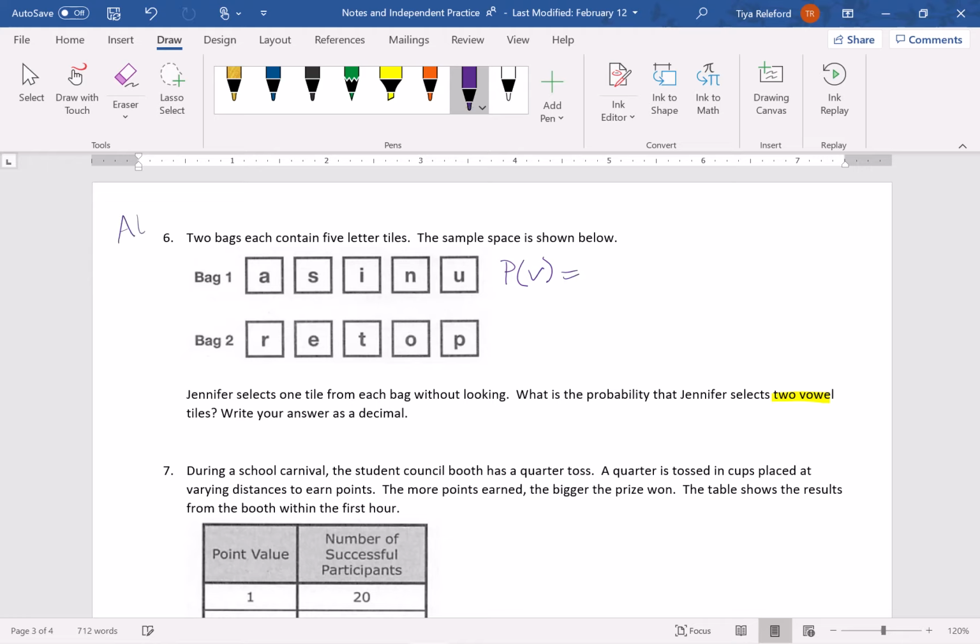Vowels are A, E, I, O, and U. How many vowels are in the first bag? 1, 2, 3 out of 5. Now the second bag, she also wants a vowel. How many vowels are in the second bag? 2 out of 5, right? E and O. So now you are going to multiply those 2 fractions together and then divide to turn it into a decimal.